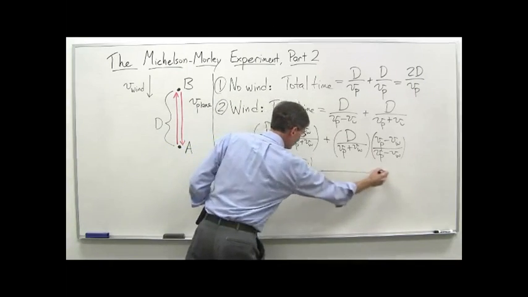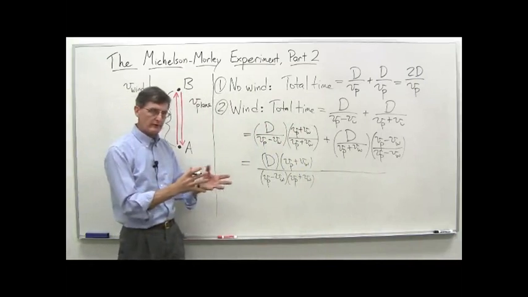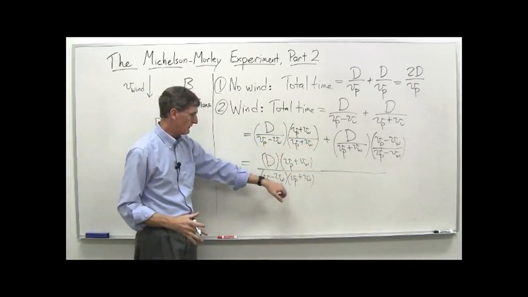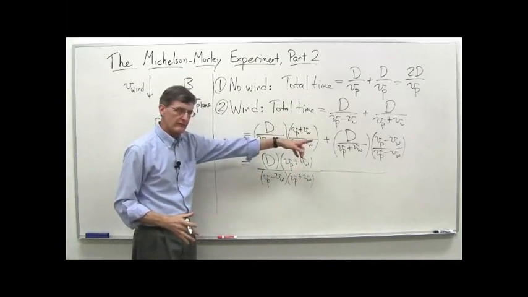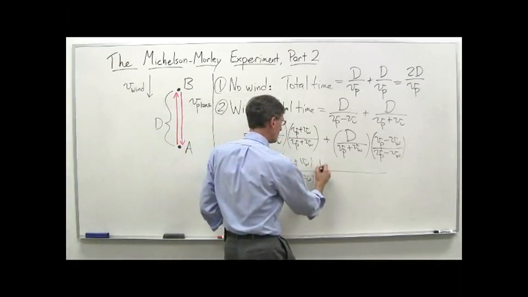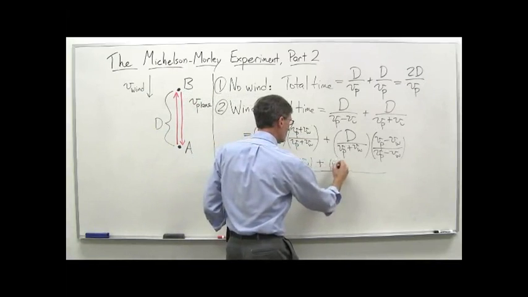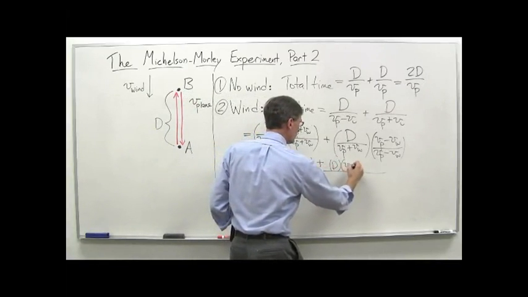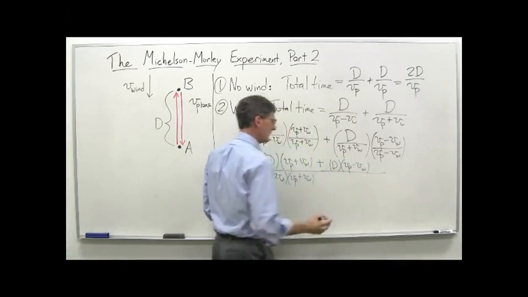Actually, I really should extend this over because I'm putting these two terms together. They both have the same denominator. That's this thing, just in a different order there, so I can flip it around. And then the second part of the numerator is plus d times vp minus vw.